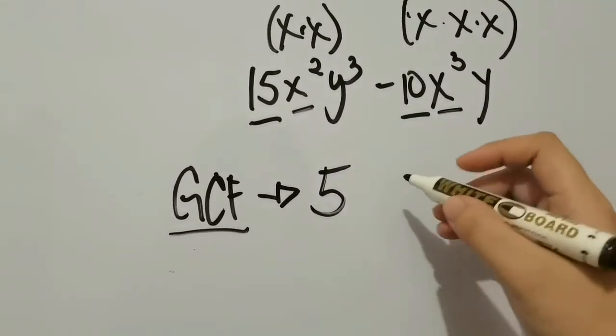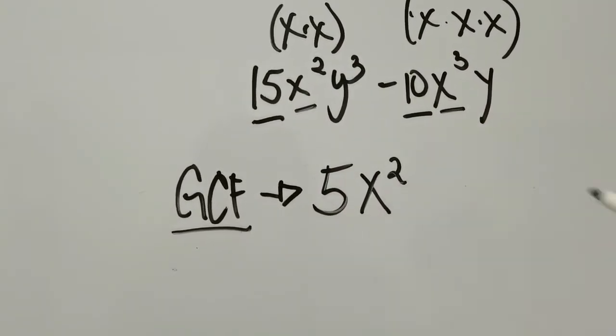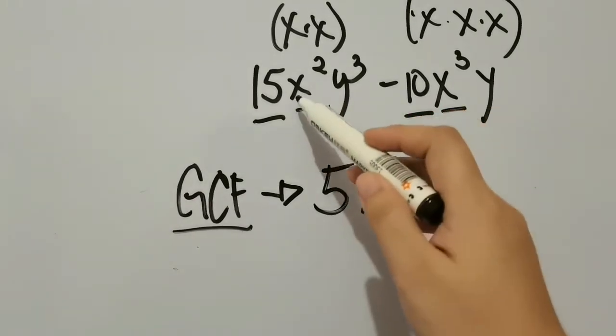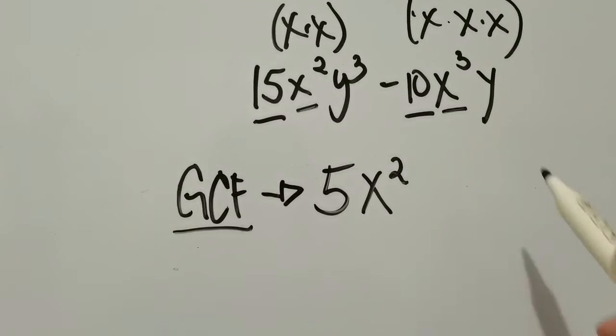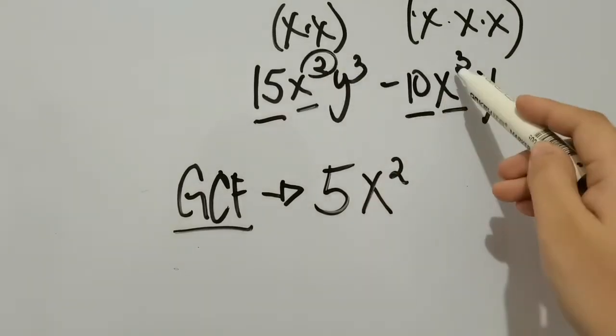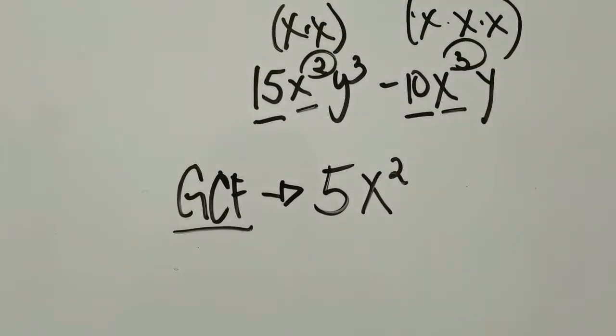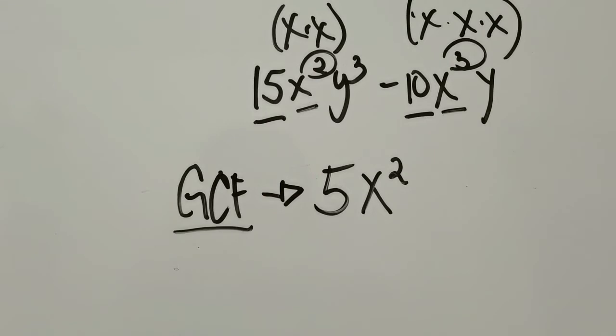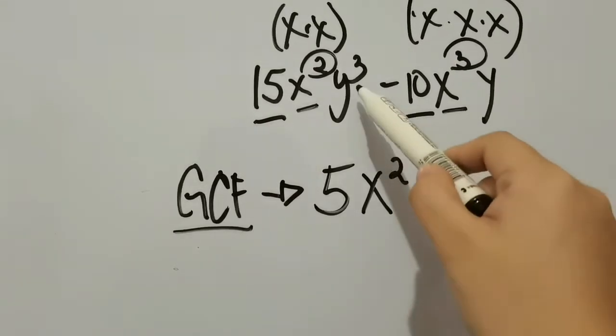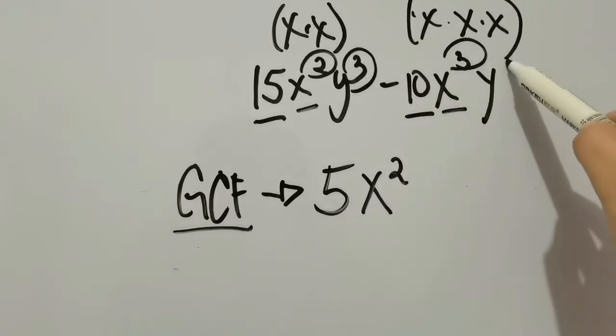So x squared is the greatest common factor of x squared and x cubed, or simply kunin mo lang yung mas mababang exponent, which is the lower of 2 or 3. Of course 2. Ayan. And then y, sabi ko nga kanina, kunin mo lang yung lower exponent, which is the lower of 3 or 1.